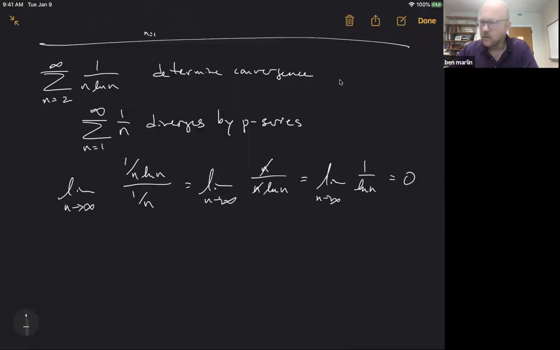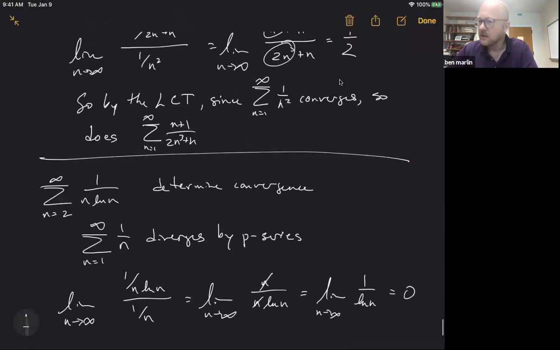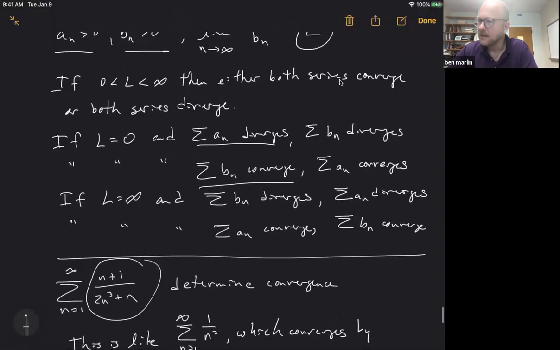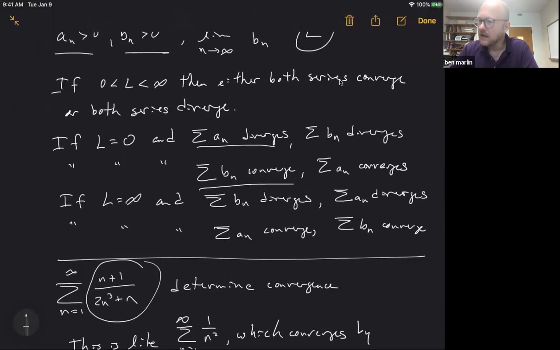And so you'll have to maybe look back in your notes. For me, I have to kind of scroll back, and we'll look at if our limit is 0. If our limit is 0, and we had the thing we were dividing by diverge, well, that's unfortunate because the bn's are what we are dividing by, and those converged for the thing that gave us information.